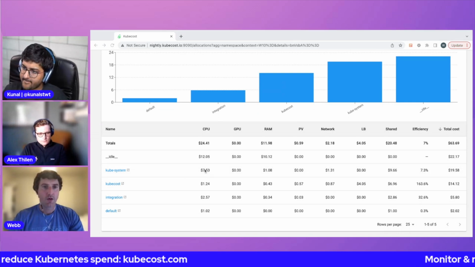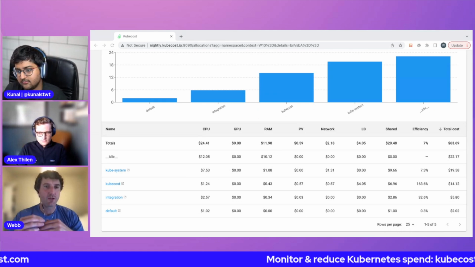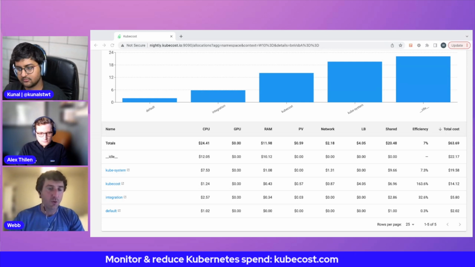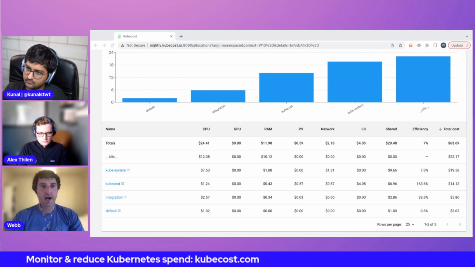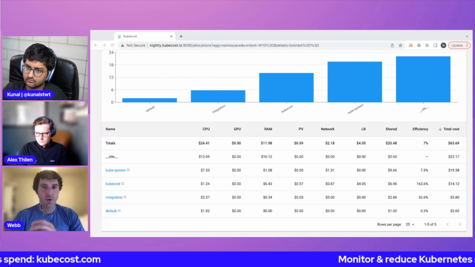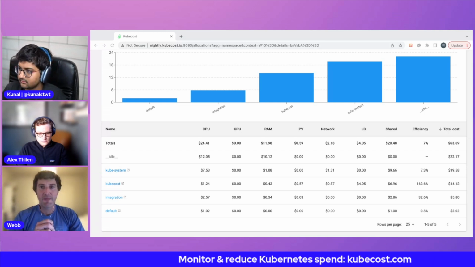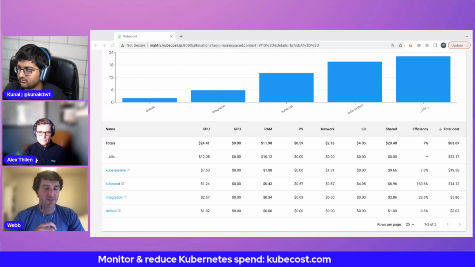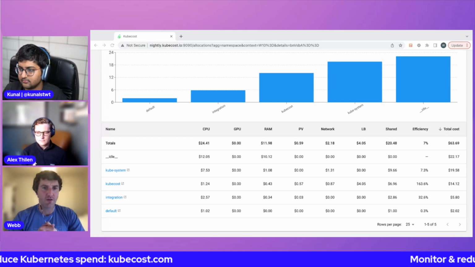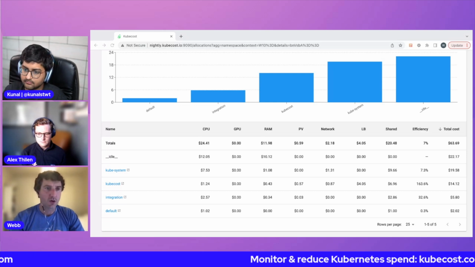What is likely the case is that those workloads are requesting a meaningful amount of either compute or memory where they're not actually utilizing it, right? Obviously you want to be sensitive, given that this is in the kube-system namespace, but it would be an opportunity to think about right sizing those workloads.